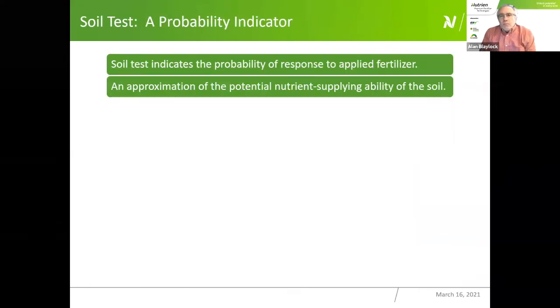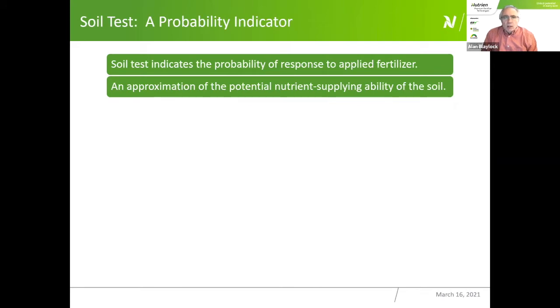Now, let's understand what the soil test information is. I describe the soil test as a probability indicator. So what do I mean by that? It indicates the probability of getting a response to added fertilizer. And you might also look at it as an approximation of the potential nutrient supplying ability of the soil.